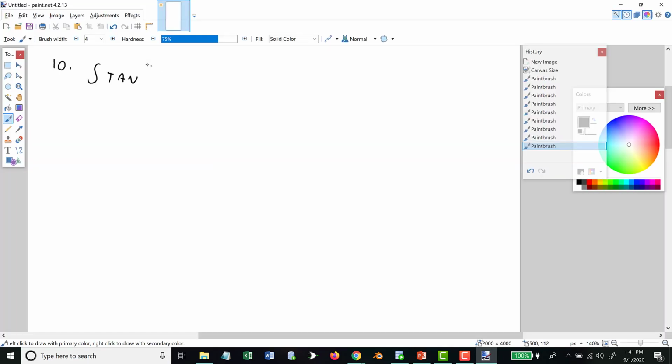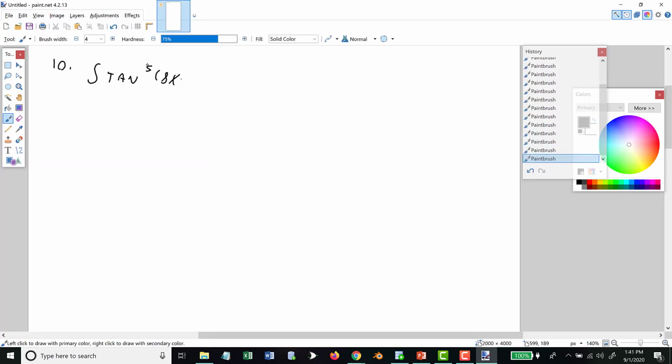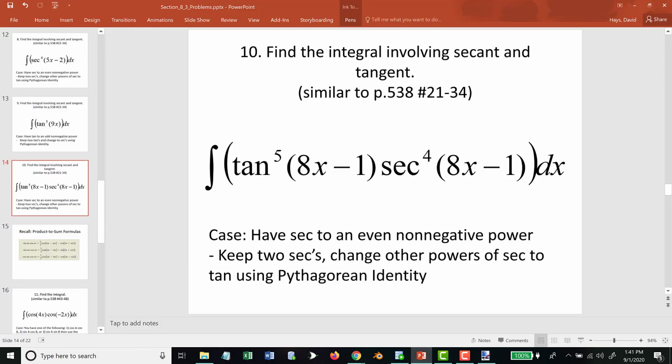Tangent to the fifth of 8x minus 1, secant to the fourth of 8x minus 1 dx. Okay, you have secant to an even non-negative power. It says you keep two secants, change other powers of secant to tangent.